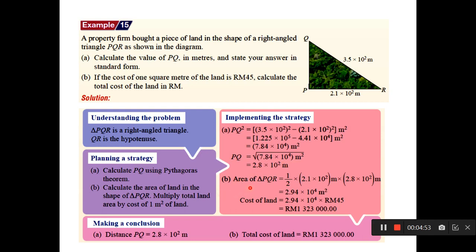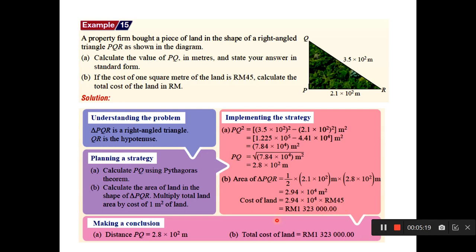Next, area of triangle PQR. We use the formula of area of triangle, which is 1 over 2 times base times height. This is the base and the height is what we calculated just now. So this is the area of the triangle. We want to find the cost of the land, so the area times 45 ringgit.